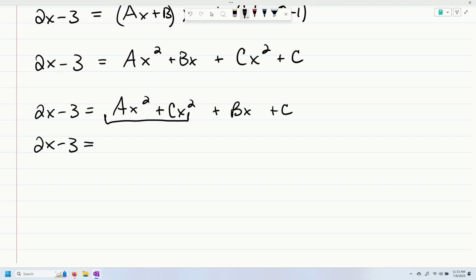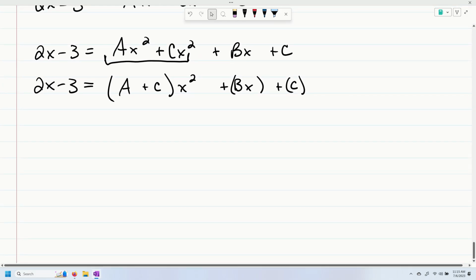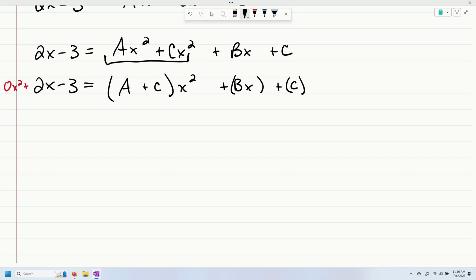So we're going to have a plus c with the x squared factored out, plus bx plus c. And I'm going to put those in parentheses as well, just because I know they're separate terms. And remember, on the left-hand side, you do not have an x squared term, so it's 0x squared plus 2x minus 3.